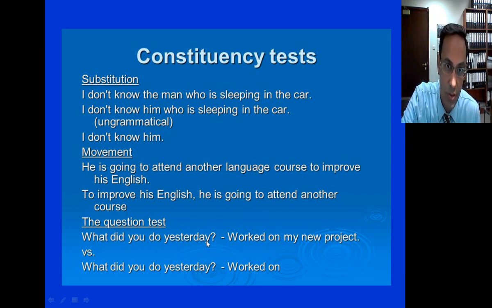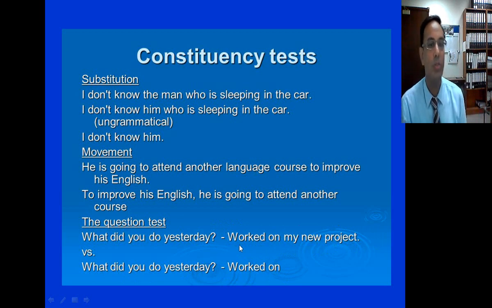Question test, the third test. What did you do yesterday? Worked on my new project. Look at the second sentence. What did you do yesterday? Work it on. This is not a constituent. Through the constituent we can form a question.